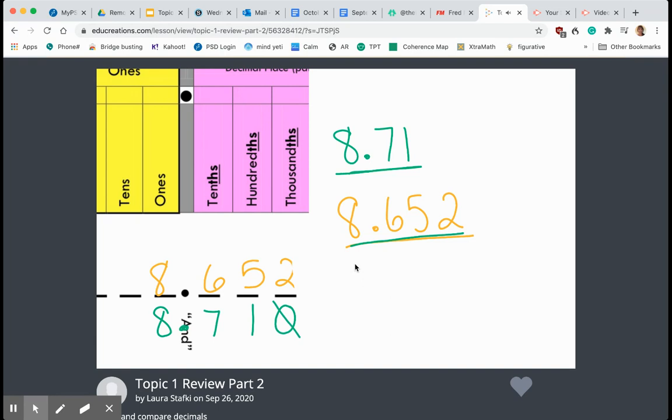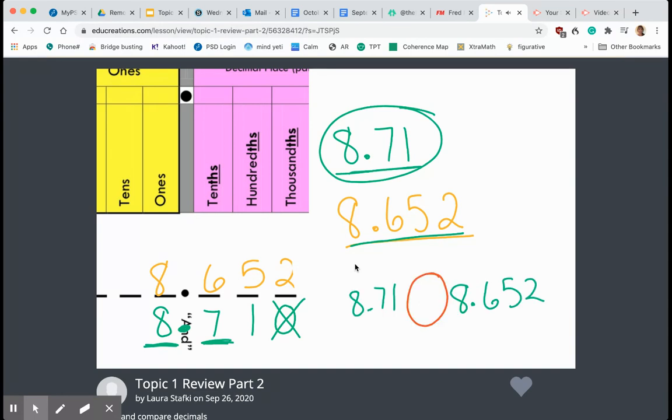This 0 is just showing that there's no thousandths. So if I look at it that way, it's really easy to see at this point that they are equal in the ones column, but in this tenths column, 7 is bigger than 6. 7 tenths is more than 6 tenths. Therefore, 8 and 71 hundredths is the biggest decimal, or number rather.